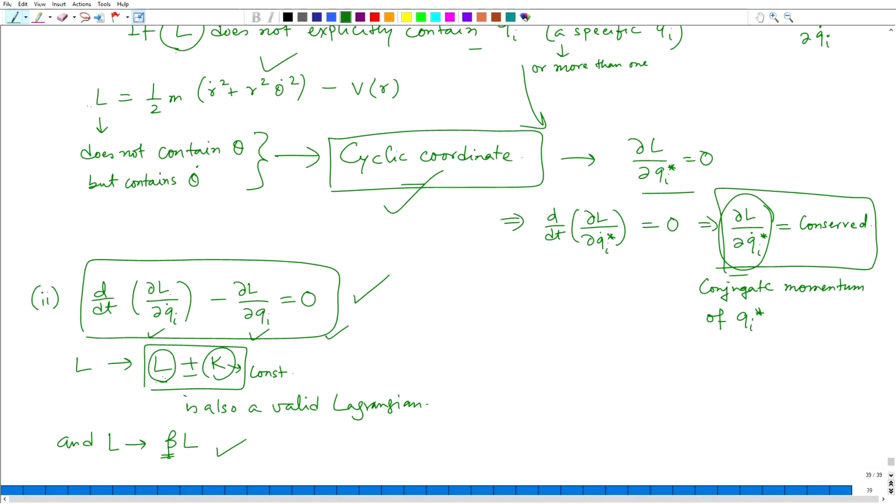So, if L is transformed to beta L, let us say 2L, 3L, 0.56 times L, is this also a valid Lagrangian? Mathematically yes. If you just multiply this beta throughout this equation, it will not change, and that is why this is a valid Lagrangian.